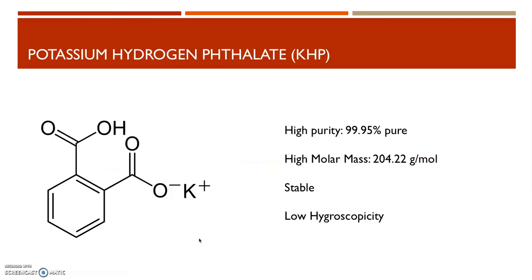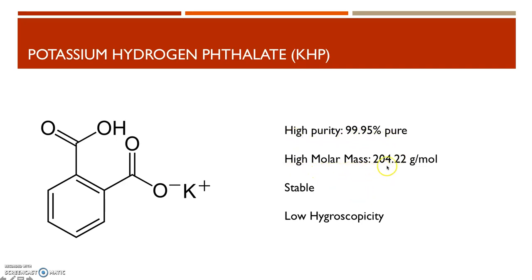And so instead, we use potassium hydrogen phthalate. It's abbreviated KHP, potassium hydrogen, and this is not meant for phosphorus. This is meant to indicate phthalate. Here's the molecule, okay, potassium, and here's the hydrogen and the phthalate part. It has a super high purity, 99.95% pure.